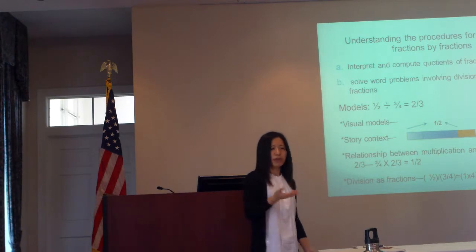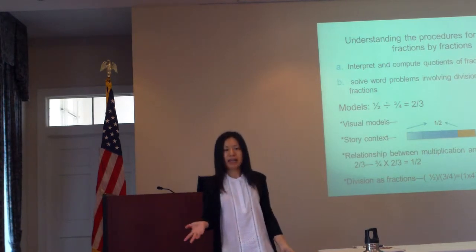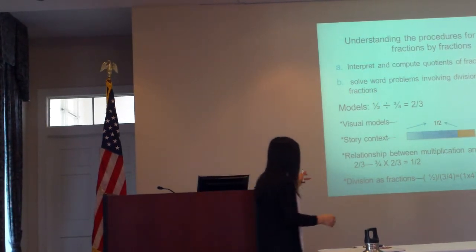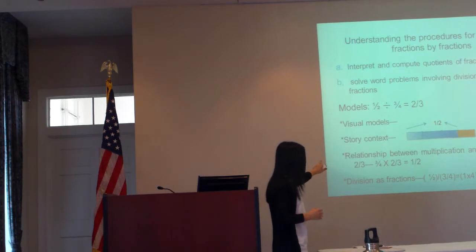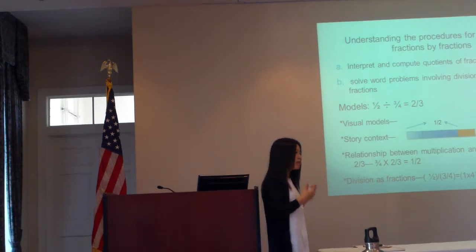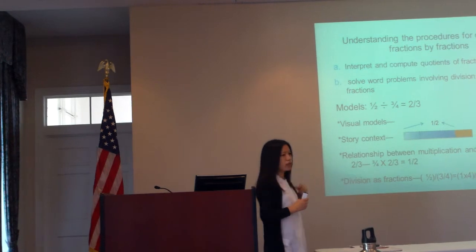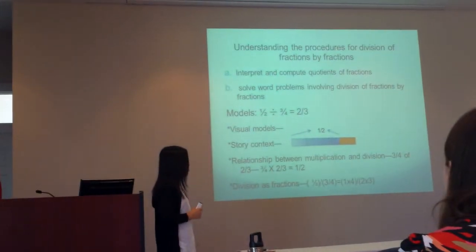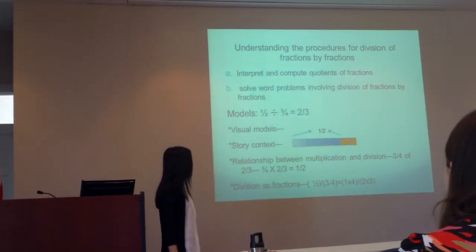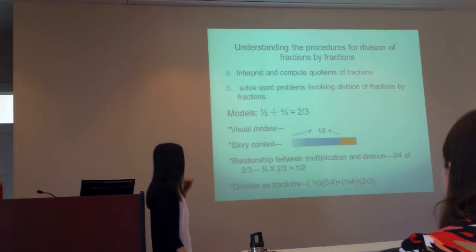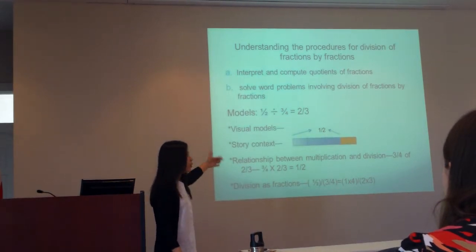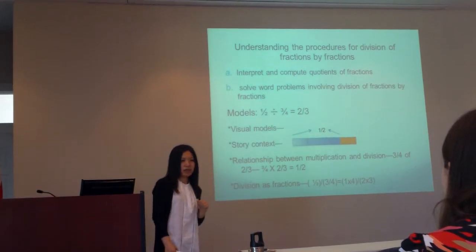Okay, we can teach them the rule: you invert and multiply. How to understand that mathematically? Common Core suggested we can show the students the quotient is 2/3. How to interpret that? We can interpret it as, what is 3/4 of 2/3?